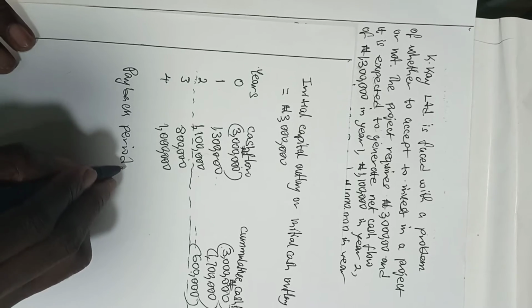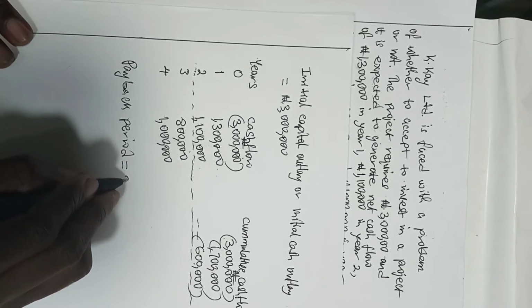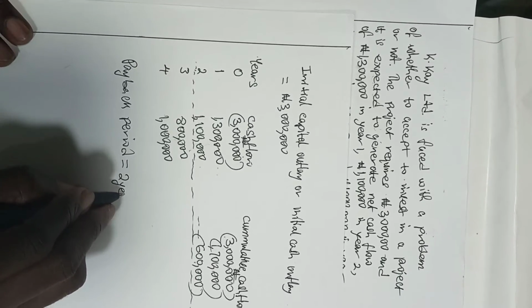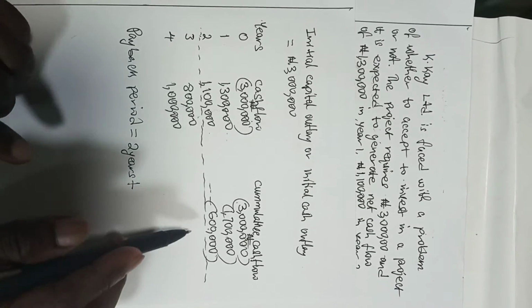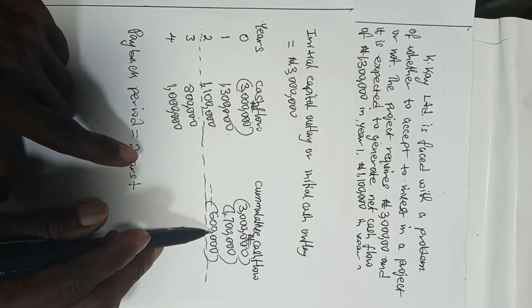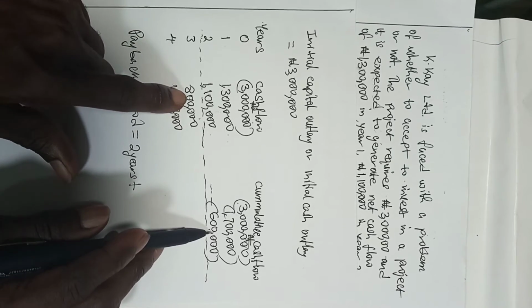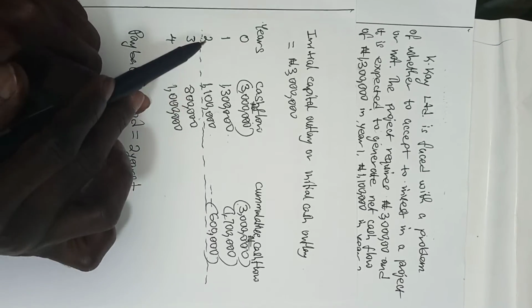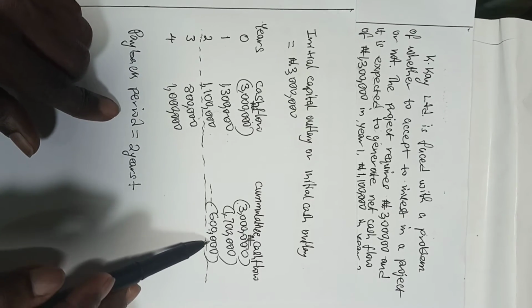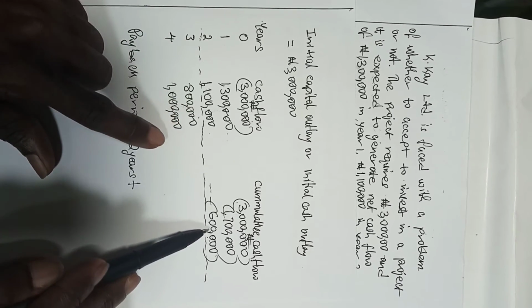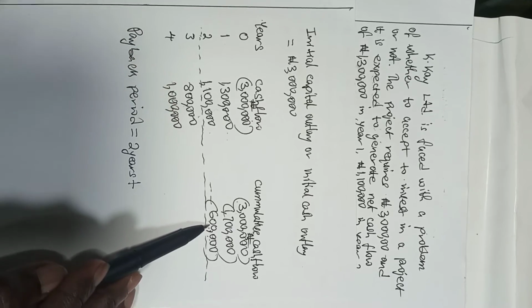Our payback period will be 2 years plus this 600,000 over 800. Don't forget this year 2. We stop at this year 2. So the figure in front of that year 2 is 600,000 naira.